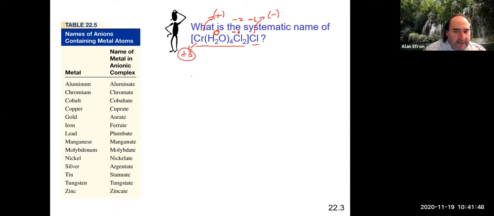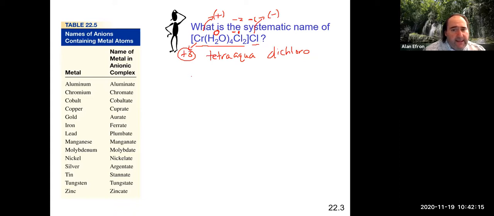So putting it together here, we have a couple different ligands in this case. We have 4 water, so 4 is tetra. Water is aqua or aqua, whichever one you like. We also have 2 of the Cls, and that is dichloro. Di for 2, chloro for chlorine, or chloride.